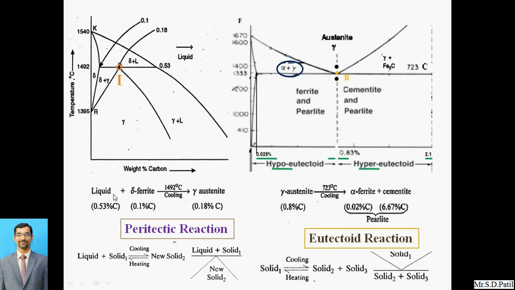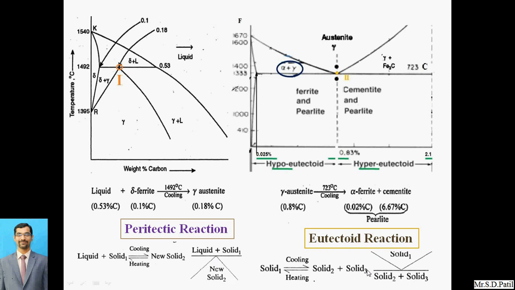So basically, delta ferrite is just a slightly solid phase, and when the liquid plus solid starts cooling, we are getting the new solid. This is gamma, or we can say austenite. So liquid plus solid, in the reaction we are going to get the new solid.